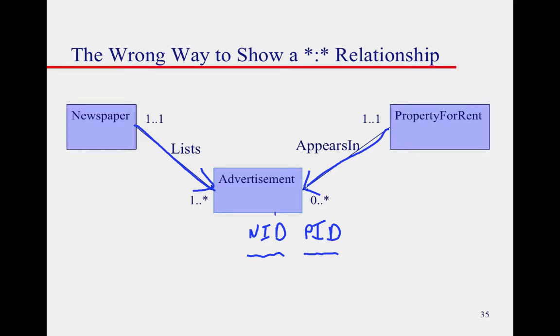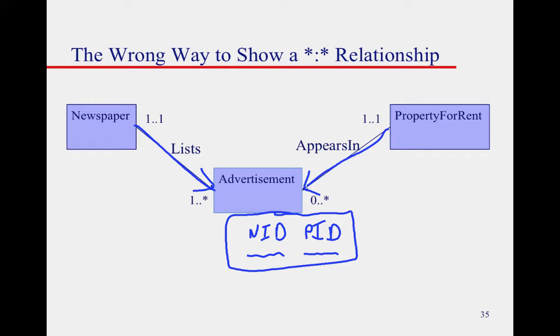The nail in the coffin that says yes, it really is a many-to-many relationship is when you consider what exactly would be represented in an advertisement, what information, and you realize, well, an advertisement would contain both a newspaper ID and a property for rent ID.